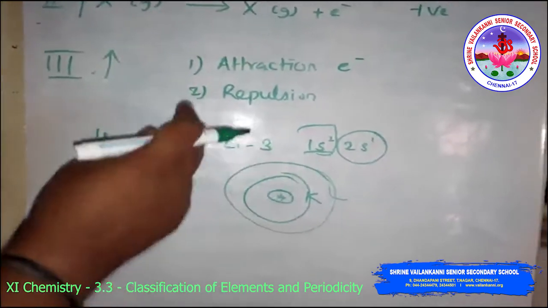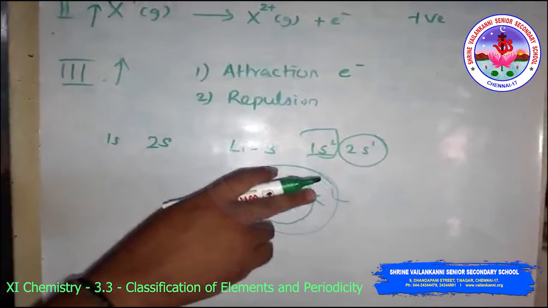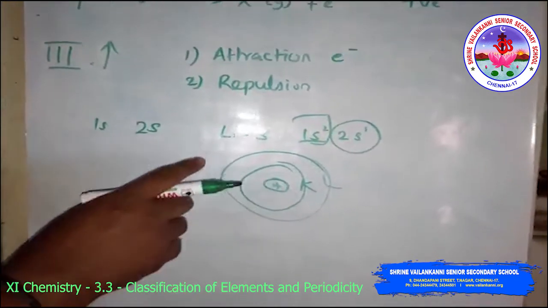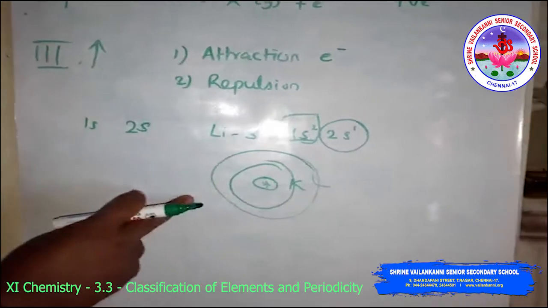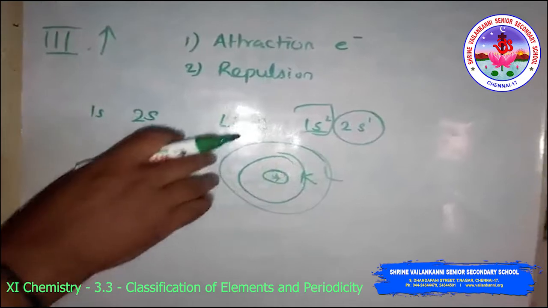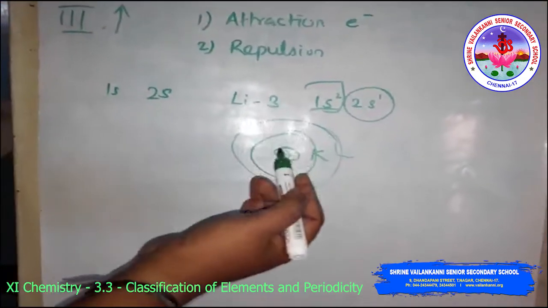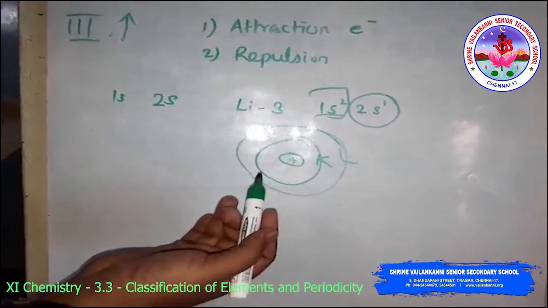In general, shielding is effective when the orbitals in the inner shell are completely filled. This situation occurs in the alkali metals, which have a single outermost ns electron preceded by a noble gas electronic configuration.